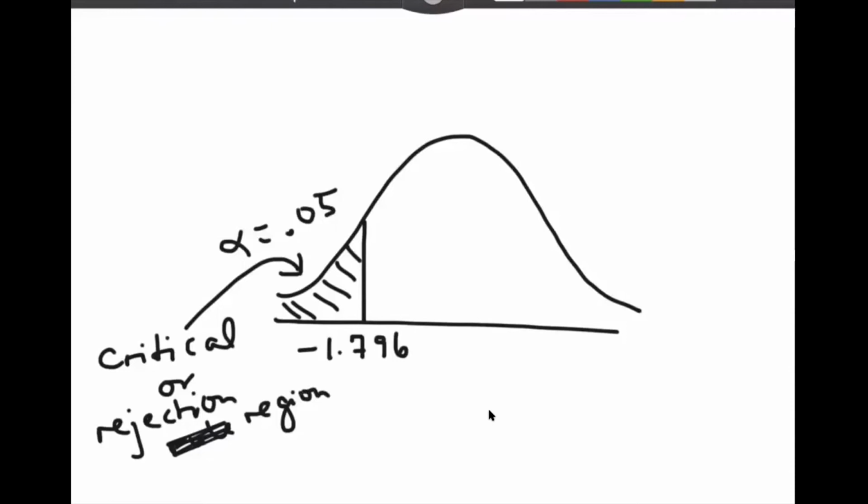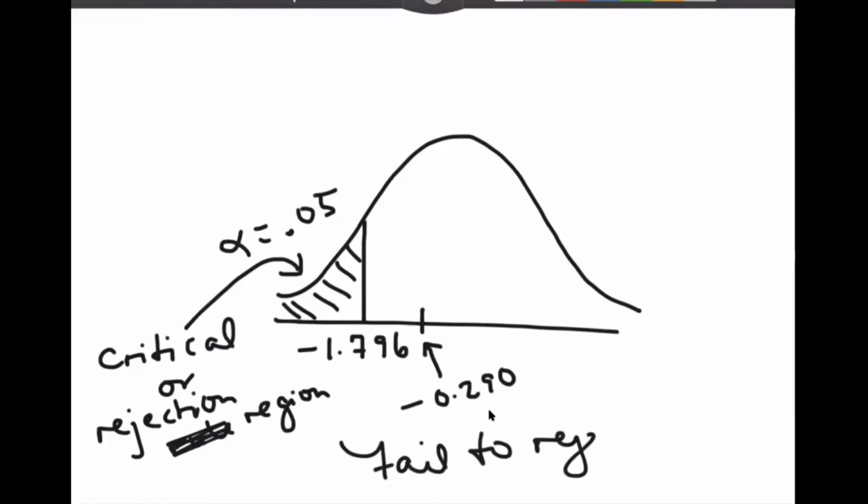However, we already know that our calculated test statistic came out to negative 0.290. Because that value does not fall within the critical region, again, my conclusion would be fail to reject the null hypothesis.